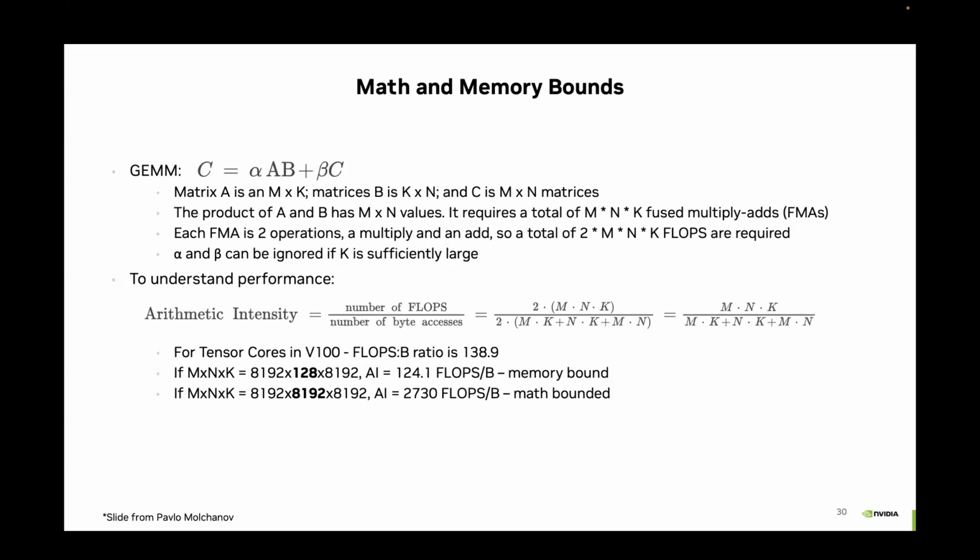But at the core of it, in this idealized world, you look at this flops per bytes accessed, and for a tensor core V100, you end up with these different ratios. So if I look at this, if the matrix is N by K, it's 8K by 128 by 8192, that's memory bound. We just are trying to fetch a lot of memory. We just can't keep the things in.